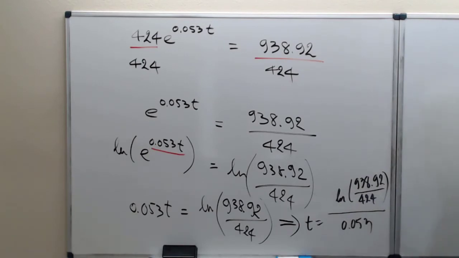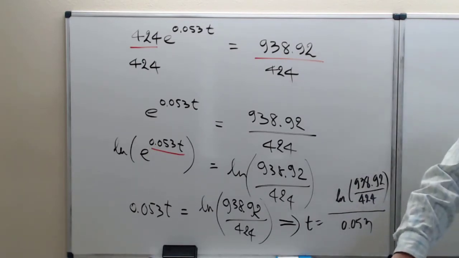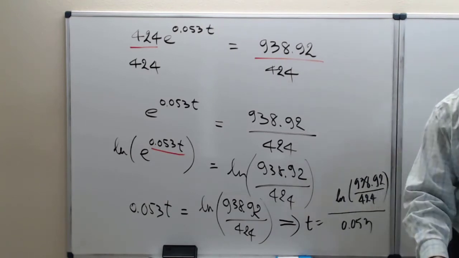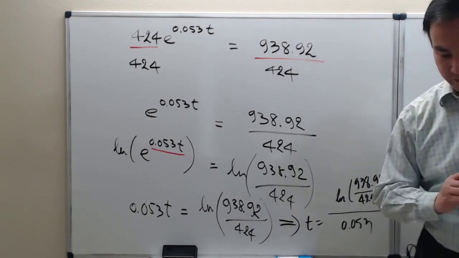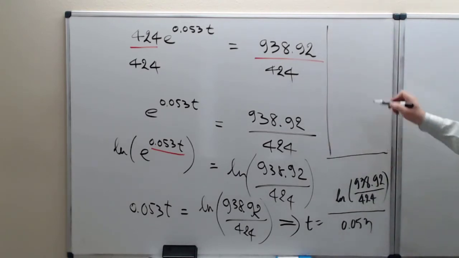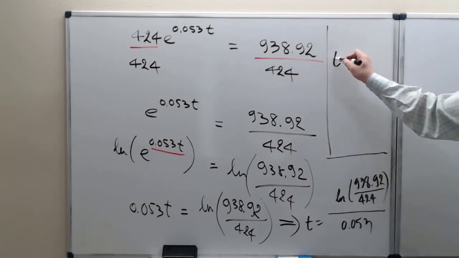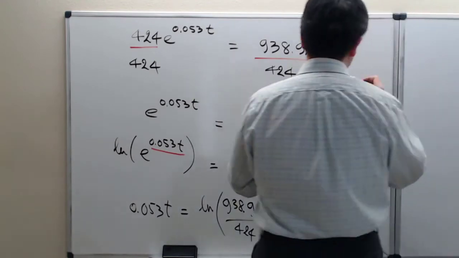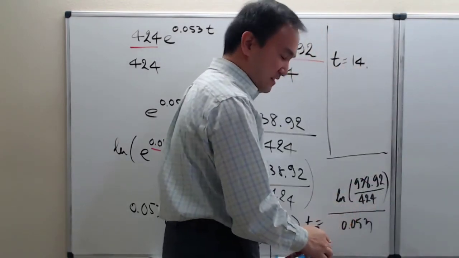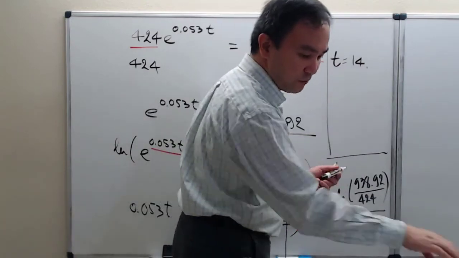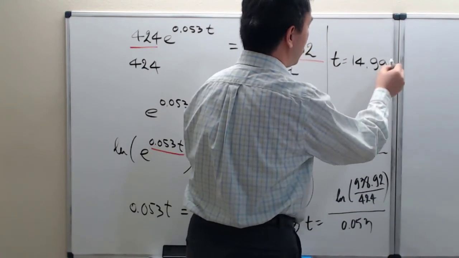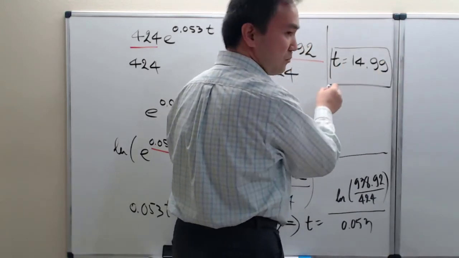Now I'm going to spend some time doing my calculation. All right, so my final calculation shows t equals 14.99 years, rounded to 2 decimal places.